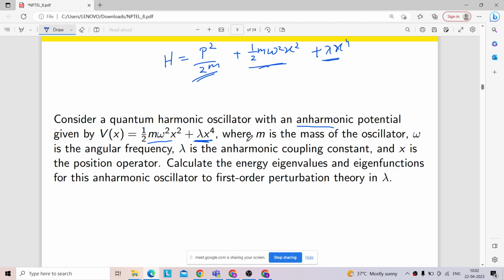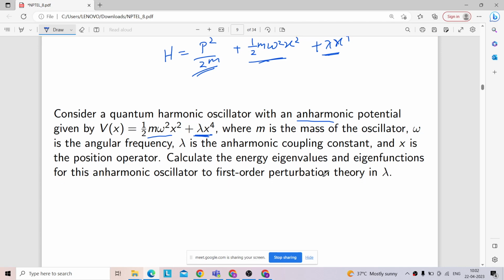Now m is the mass of the oscillator, omega is the angular frequency, and lambda is the anharmonic coupling constant. And x is the position operator. Then calculate the energy eigenvalues and eigenfunctions for this anharmonic oscillator to first order perturbation in lambda.